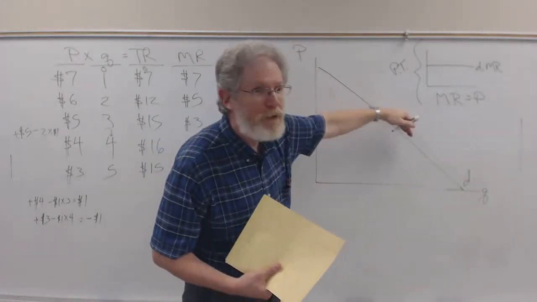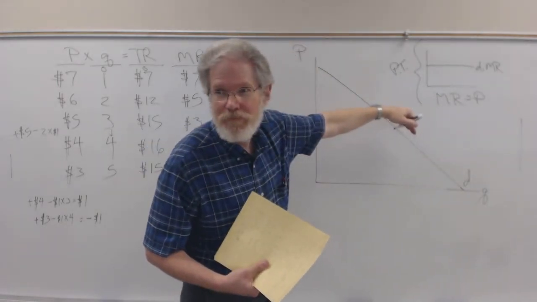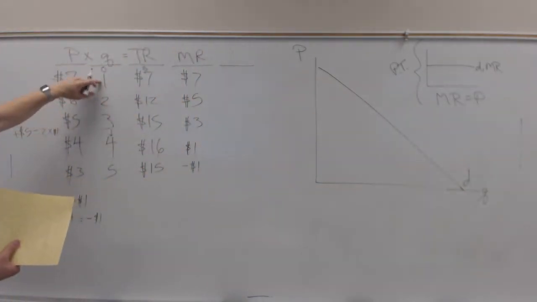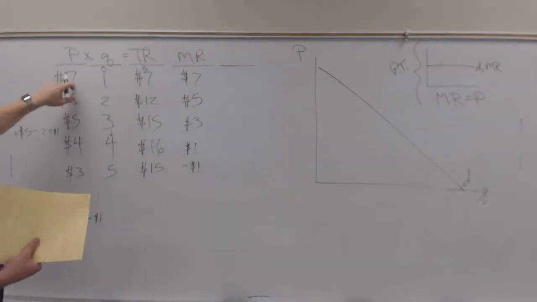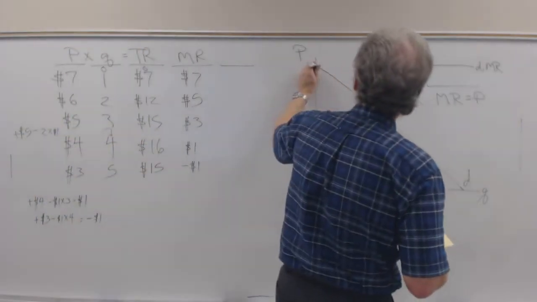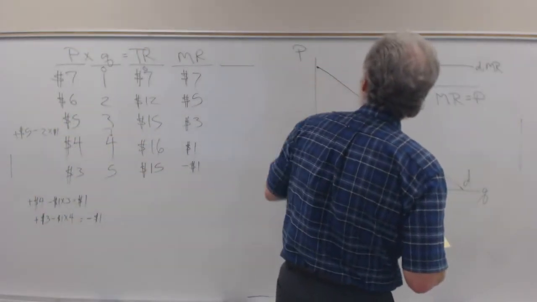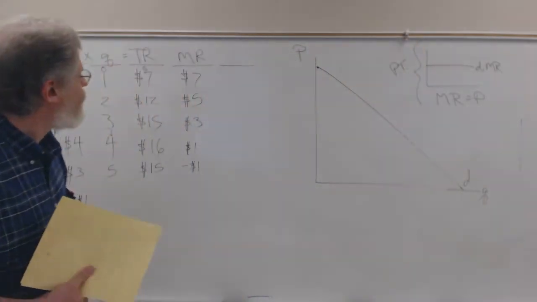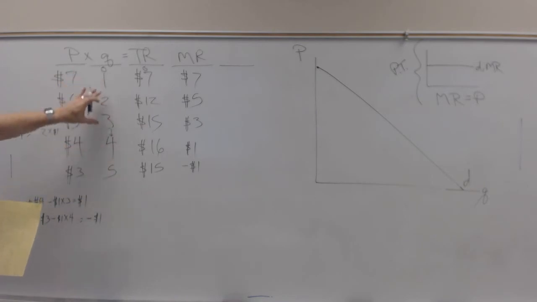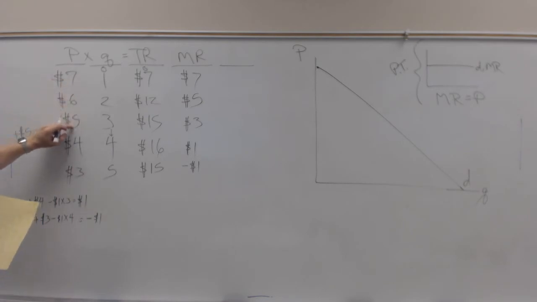Is this going to be the marginal revenue curve? For the first unit, price and marginal revenue are equal. So the marginal revenue curve is going to start out right here. But notice, using the numbers that I have here, every time the quantity goes up by 1, the price goes down by $1.